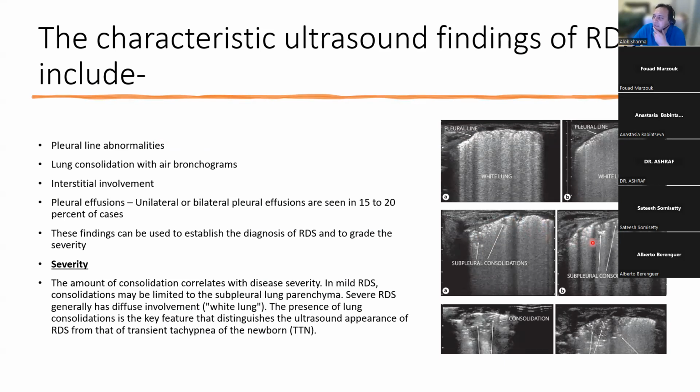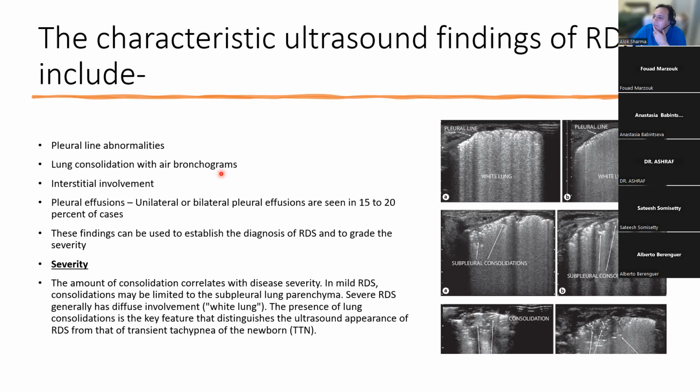If it's very severe, you don't have aeration, you lose your pleural line. And you have not just subpleural consolidations, but you also have atelectasis, where the pleural line is completely lost. And I would say this is severe enough to present with consolidation. So this is just an increasing severity of how we classify respiratory distress syndrome.